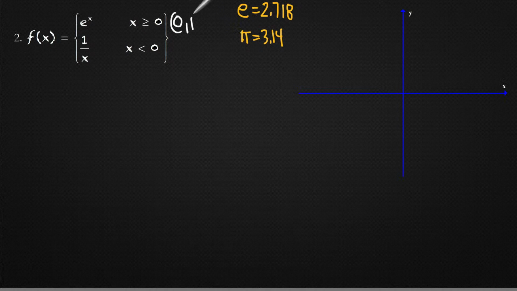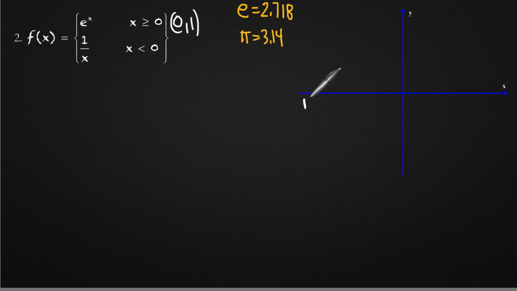Anything to the 0 power is 1. So 0, 1 is where this exponential function is going to begin because it's x greater than or equal to 0. And 1 over x is the reciprocal function, and that's going to be x less than 0. So you can't plug in 0 here because you can't divide by 0.